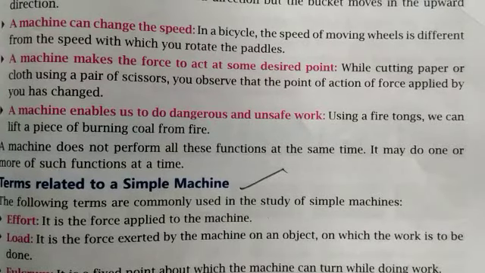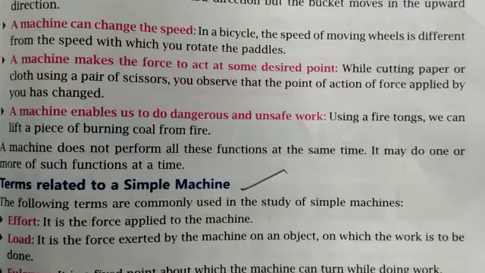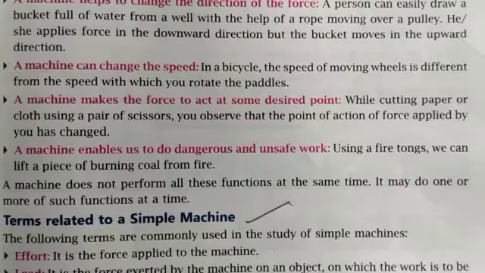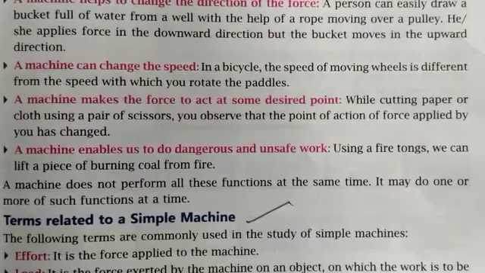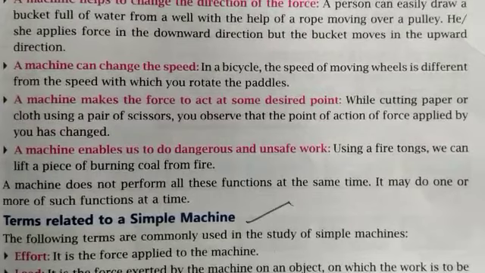The next point is, a machine enables us to do dangerous and unsafe work. Using a fire tongue we can lift a piece of burning coal from the fire. You may have seen examples in your kitchen also, like your mothers preparing chapati.